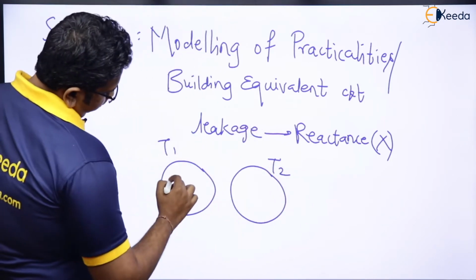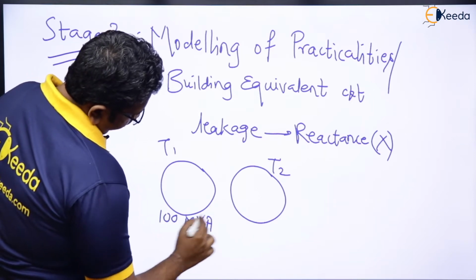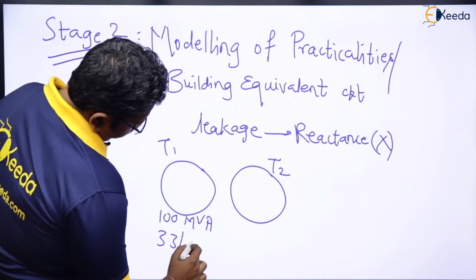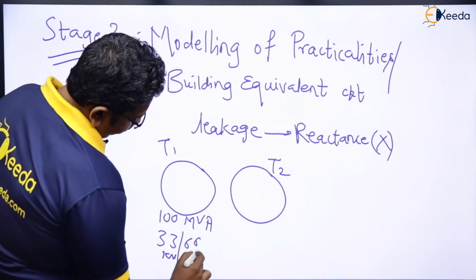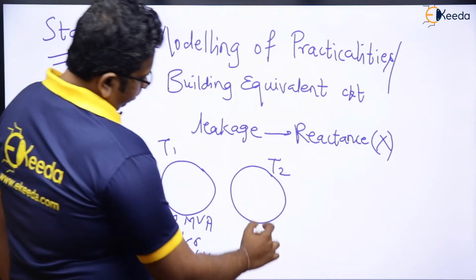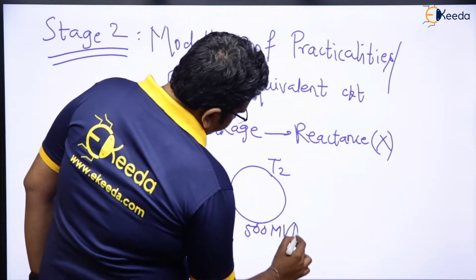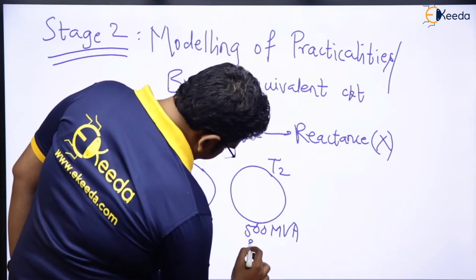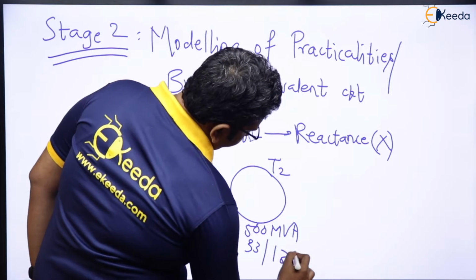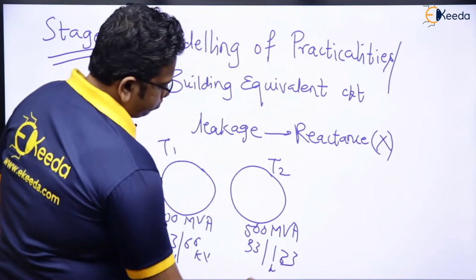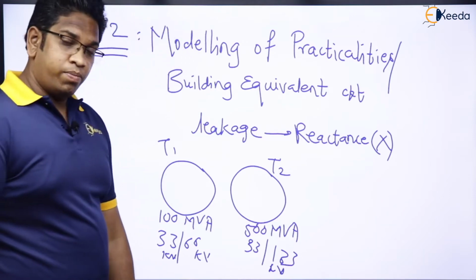This one has, let us say, a capacity of 100 MVA and a ratio of 33 kV to 66 kV, and for example this one has, let us say, 500 MVA and 33 kV to 133 kV, for instance, right? So now you tell me what will happen here.